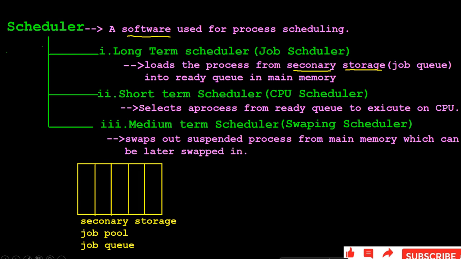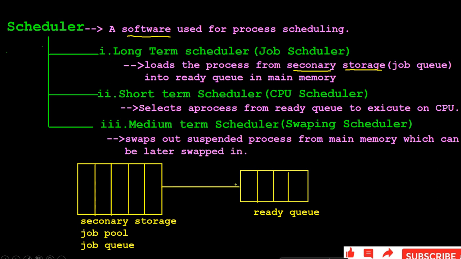This is the normal criteria for the queue. So this is the secondary memory, and it will be loaded into the ready queue. The ready queue will be stored in main memory. So who will load the processes from secondary memory to the ready queue? That is our long-term scheduler. The long-term scheduler loads the processes from secondary memory to main memory, or from job queue to ready queue.